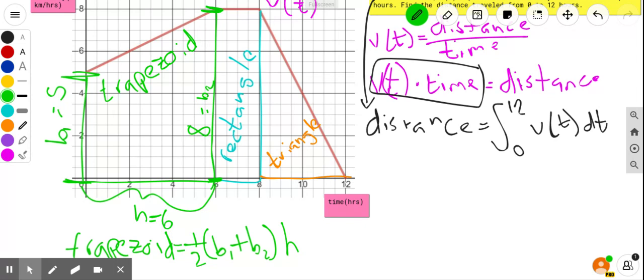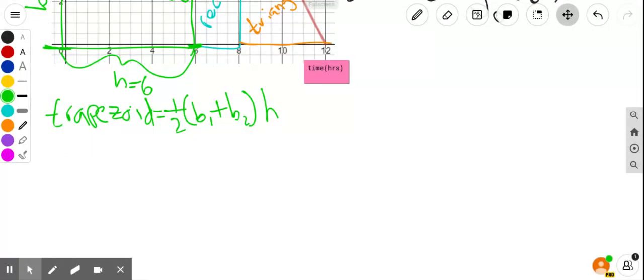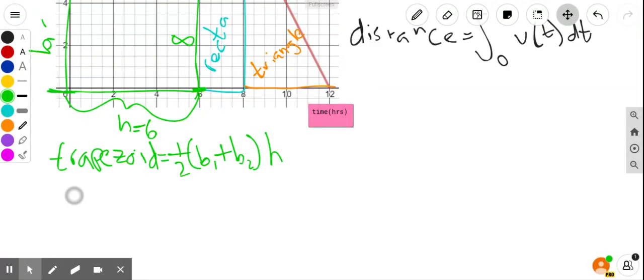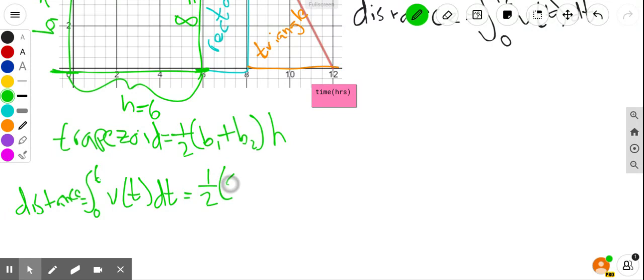So I have that. Right? So according to the trapezoid equation, from 0 to 6, the velocity multiplied by the height based off time to get me the distance from 0 to 6 should be the same as if I had 1/2 times 5 plus 8 multiplied by 6.